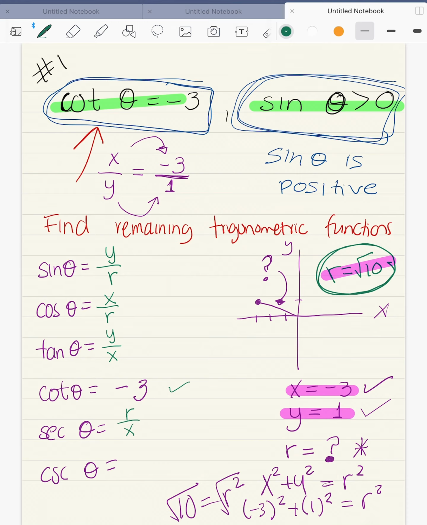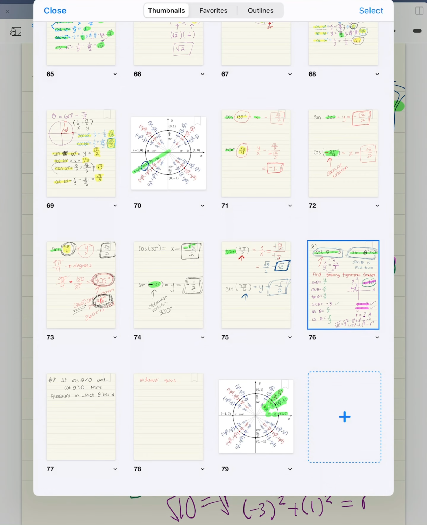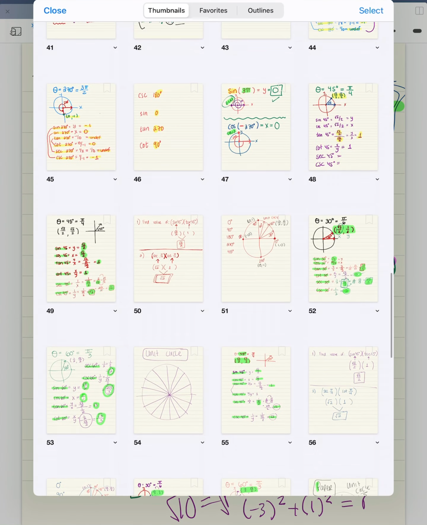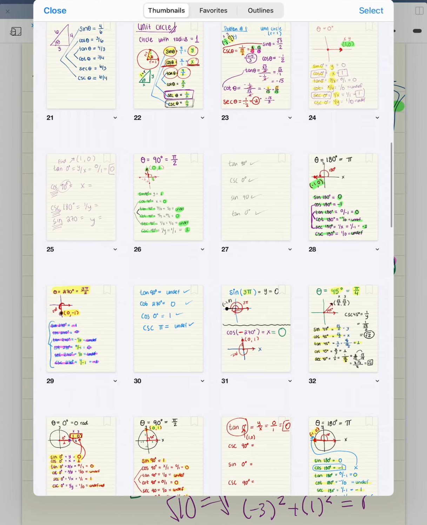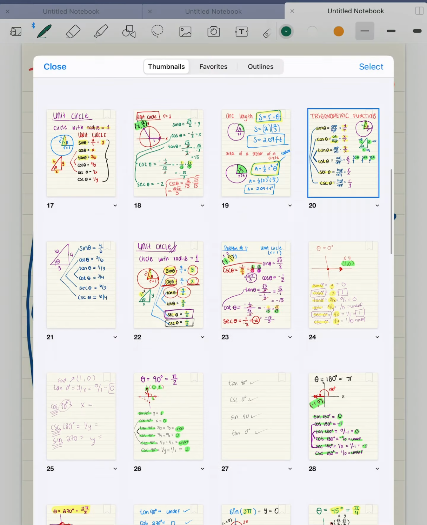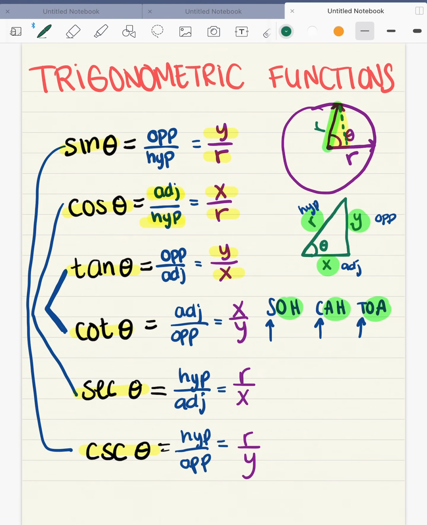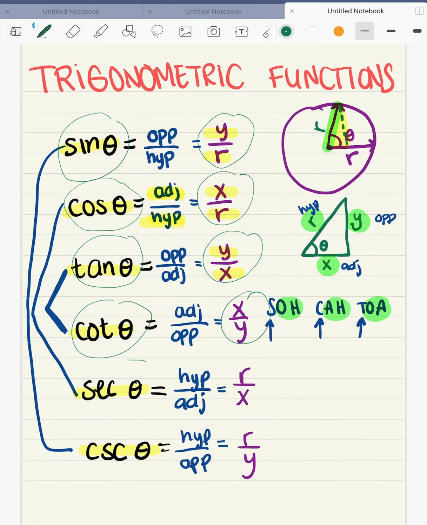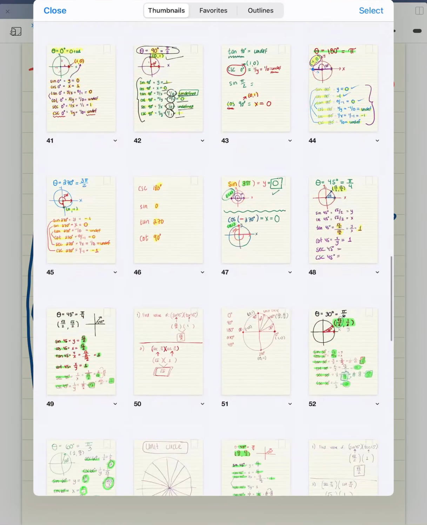Secant is r over x, and cosecant is r over y. How do I know that? Well, we did it last week. I can go back and show you the slide that we did. It was the first thing that we did. So remember, it was this. So we got that sine was y over r, that cosine was x over r, and then we have tangent and cotangent and secant and cosecant.